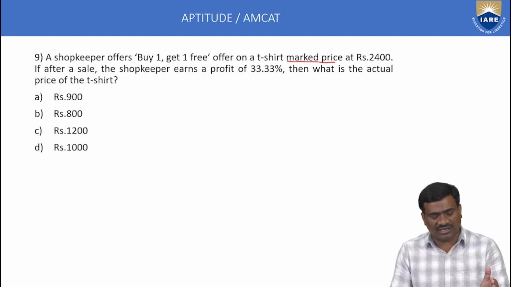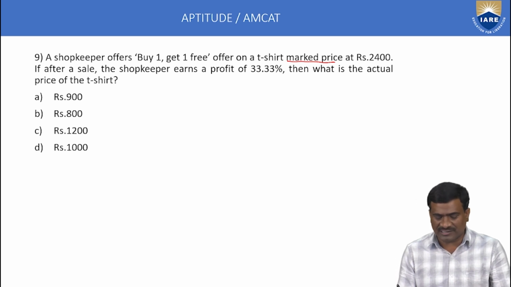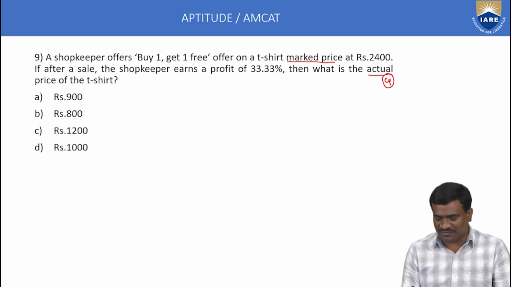If after a sale the shopkeeper earns a profit of 33.33%, then what is the actual price of the t-shirt? Here calculate only the cost price of the t-shirt. We know the relation between MRP and cost price when gain is given: MRP is equal to cost price into 100 plus G by 100.